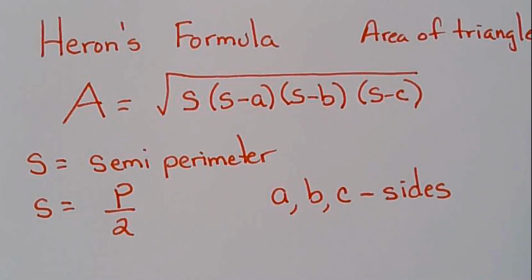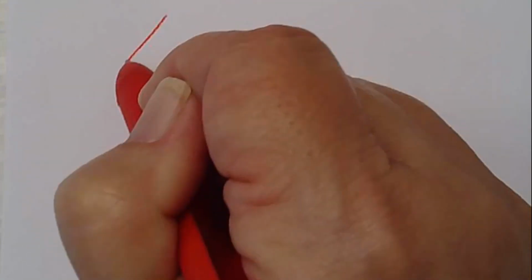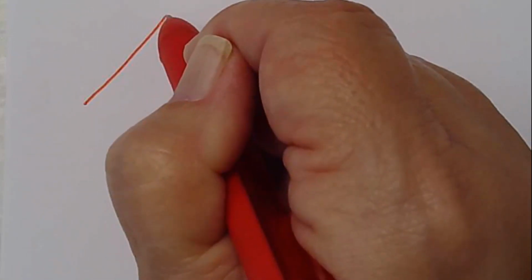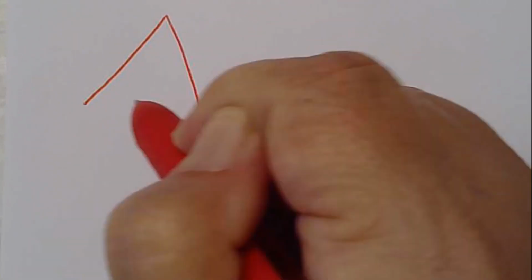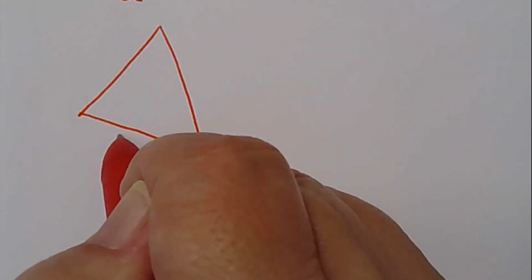All right, so here is an example. We're going to have a triangle. This side measures 6 meters.